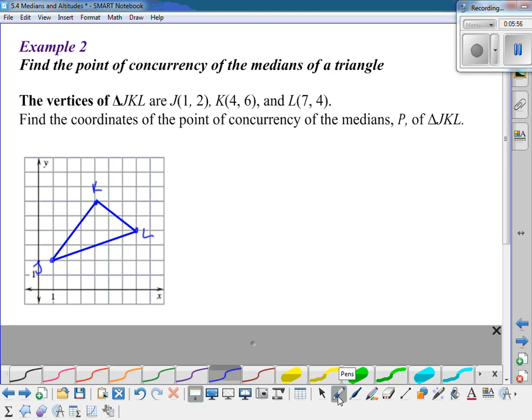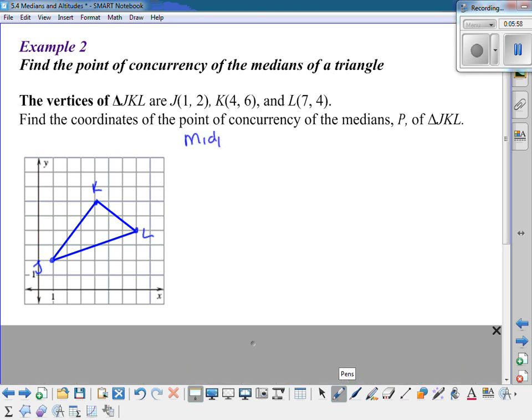So if I find the midpoint of JK, I'm going to average my x's and average my y's. So for JK, I've got 1 plus 4 divided by 2, and 2 plus 6 divided by 2.